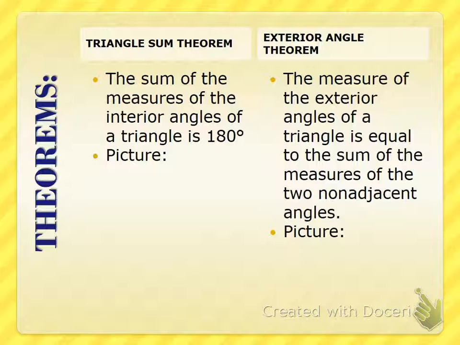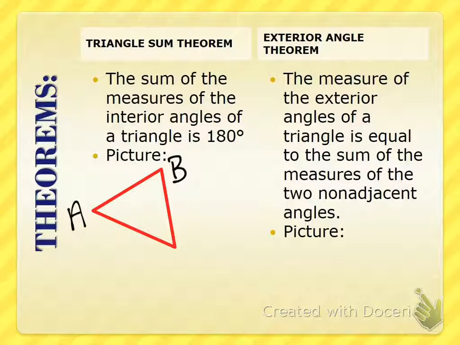First up, we've got the triangle sum theorem. The sum of the measures of the interior angles of a triangle is 180 degrees. So we could create for ourselves some generic triangle, ABC.